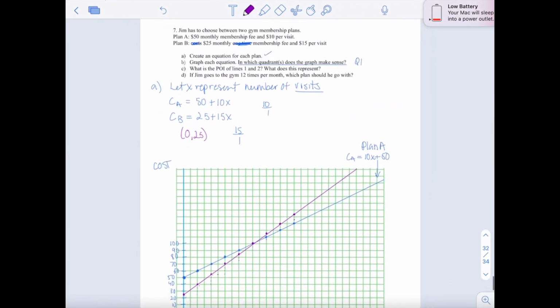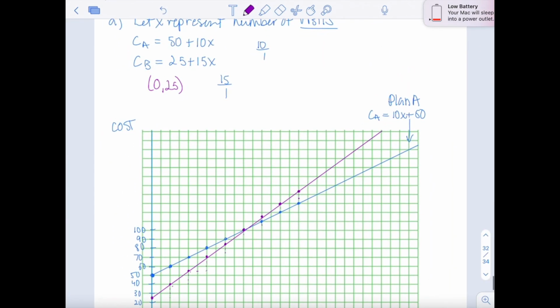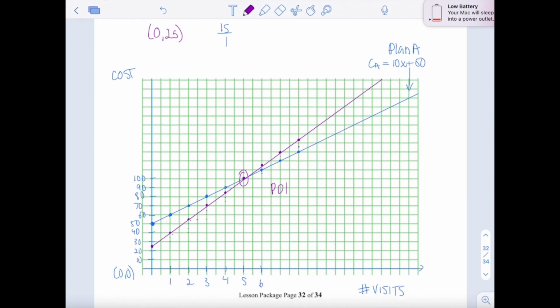Okay, so what is the point of intersection? We can see here that the point of intersection is (5, 100).